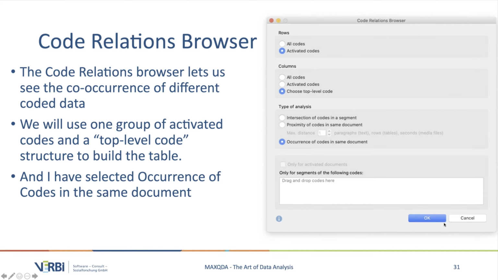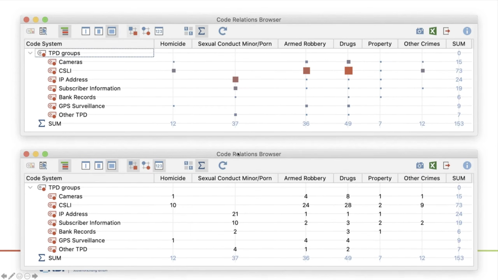So I click OK, and then this shows up. So what I have are the activated codes, the surveillance tools, for the rows, and the columns are the crimes. Homicide, the 6 categories of crimes.